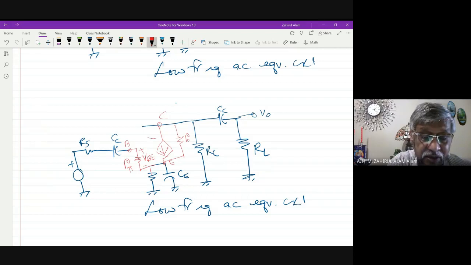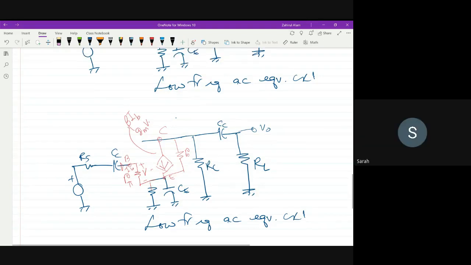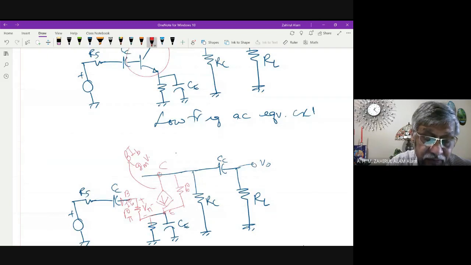This current source we can write as beta times IB, or gm V pi. So either way.